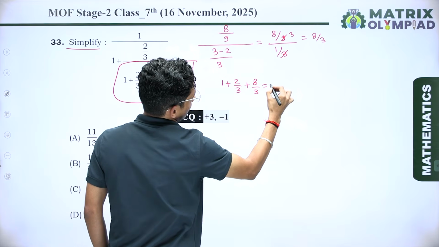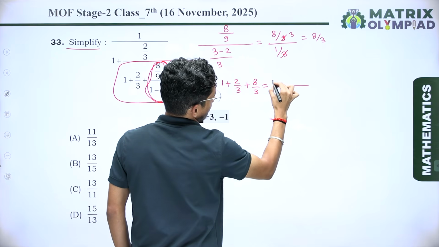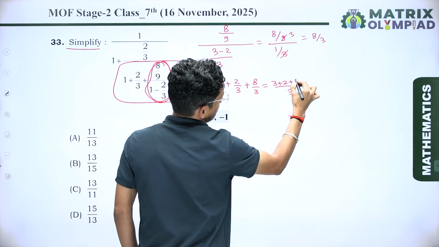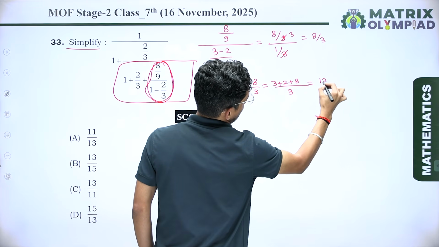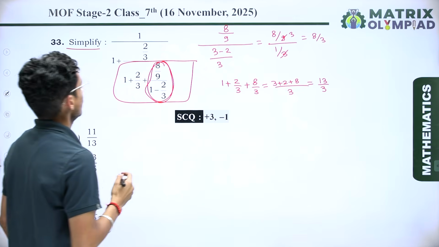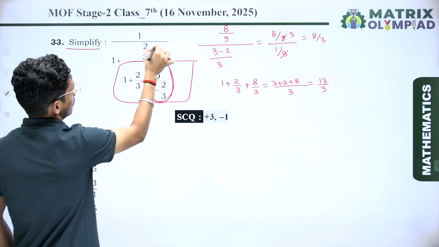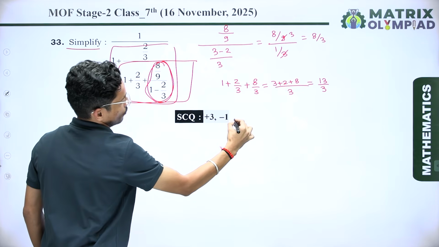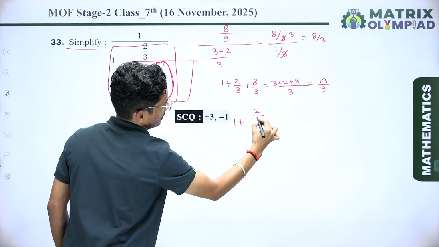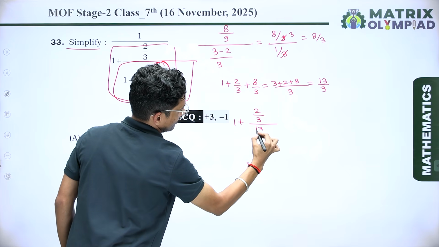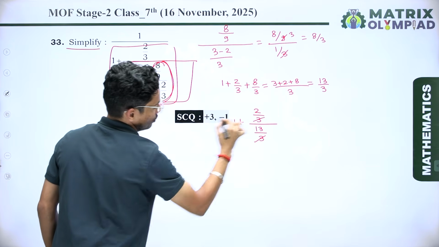So when I simplify it, I take the LCM, that is 3. So I can write 3 plus 2 plus 8, that is 13 upon 3. So I can write this one as 1 plus 2 by 3 upon 13 by 3. So 3 and 3 cancel out.